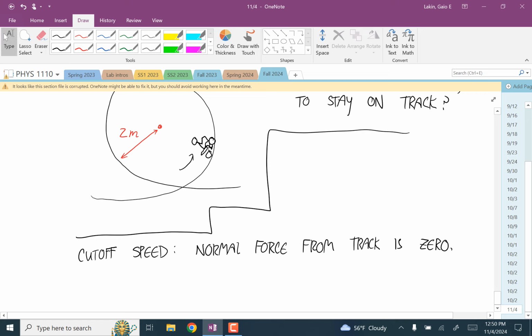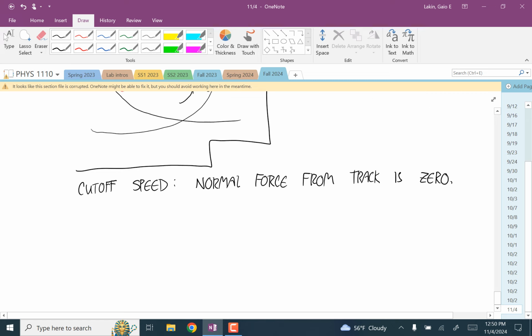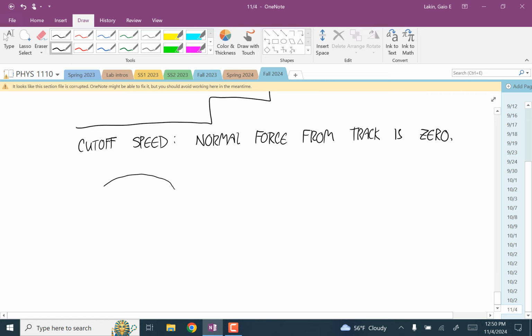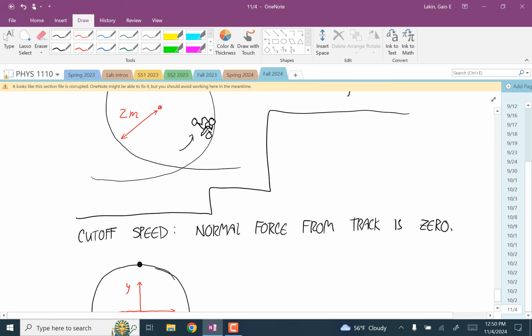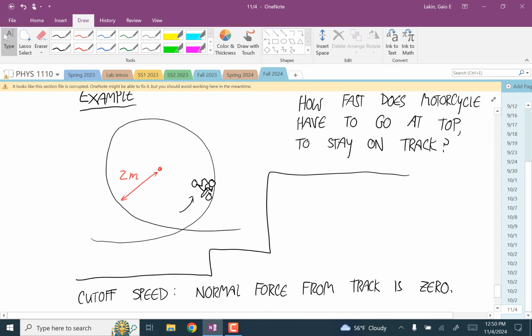Okay, is this a tetherball problem? No, so that means we want to take a view where we see the circular path. And the point we care about is here. Oh, and we need a mass for the person in the motorcycle. I guess really it won't matter, but let's give one. Let's say that the mass is 200 kilograms.